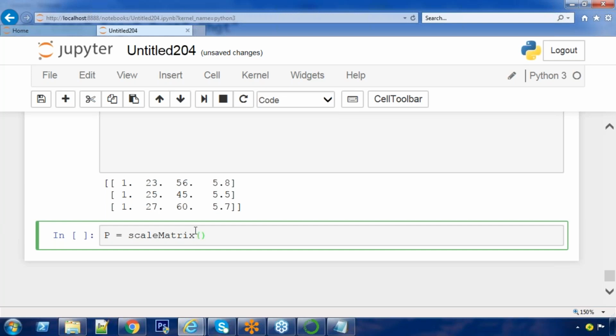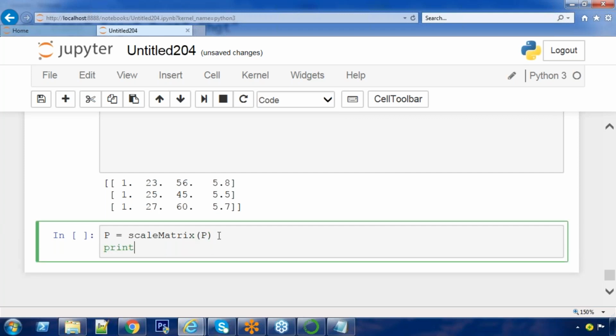Scale matrix of P. As per our yesterday's code, what this function is doing is, except the first column, all remaining columns will be scaled. Now check the latest P. These are scaled contents.